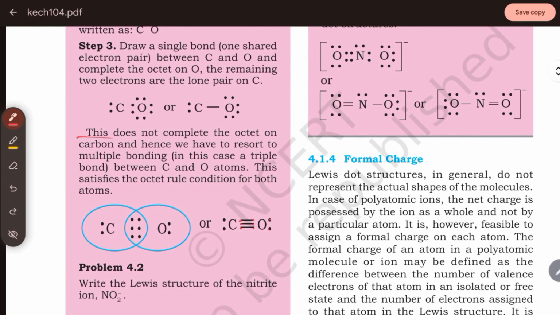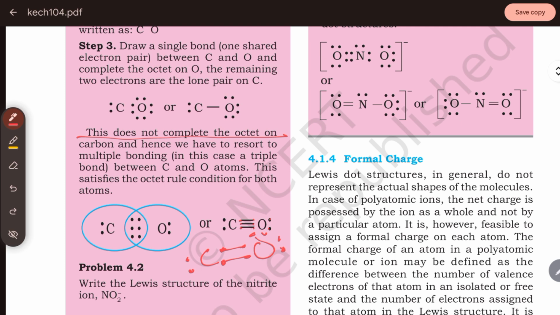So this does not complete the octet. So what will you do? We have to resolve the issue by multiple bond formation, and then can I say that I can write it in this manner, that this is 1, 2, 3 and 4. So 1, 2, 3, 4 and see here 1, 2, 3, 4, 5, 6.